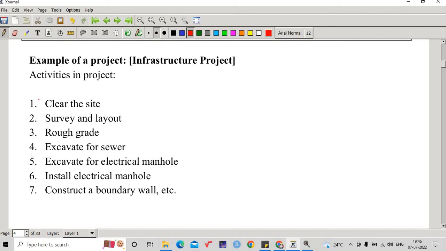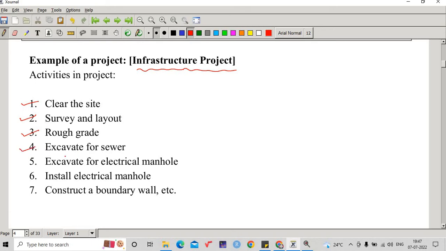One more example I have included, and I'll quickly review that and proceed further. One example of a networking problem I have given is an infrastructure project. What different activities are included? Number 1, clear the site. Number 2, survey and layout. Number 3, rough grade of that particular site.